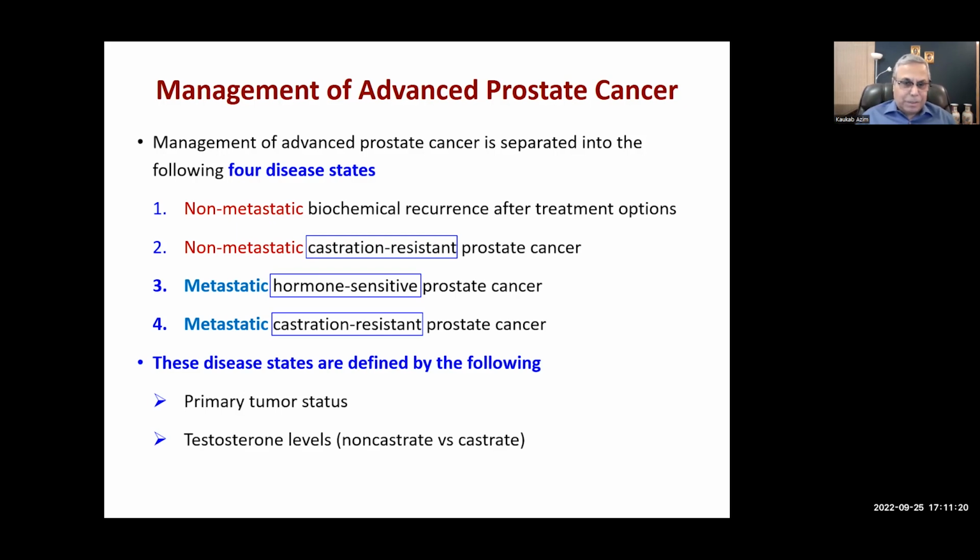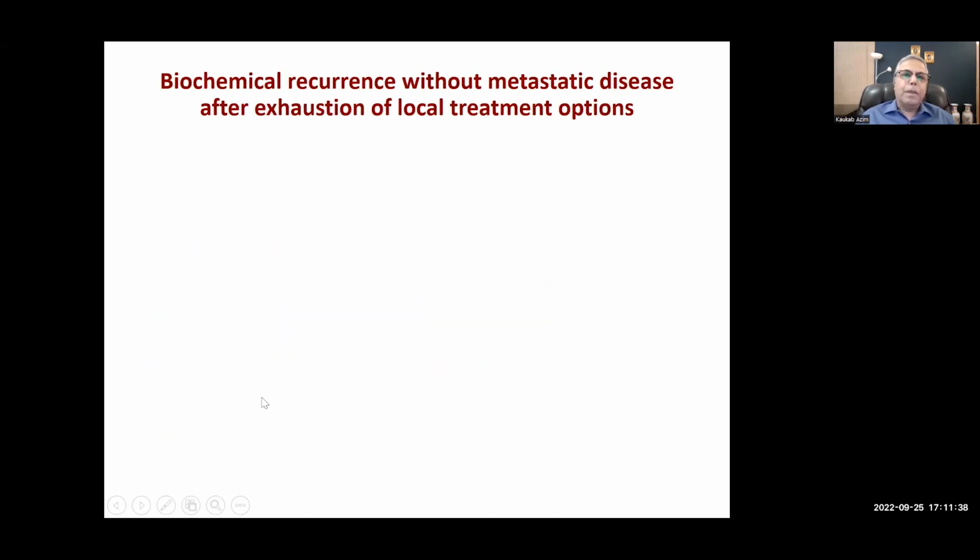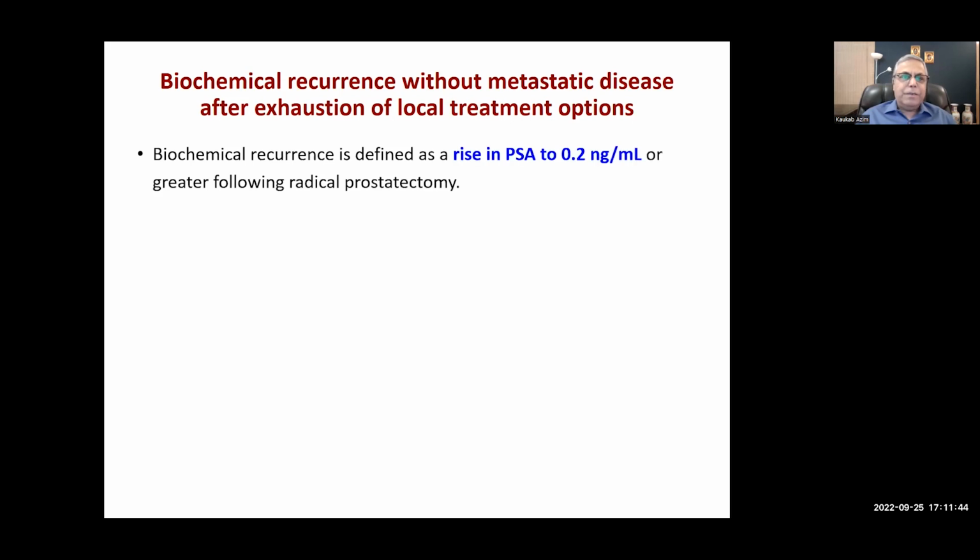We can measure the testosterone levels as well. And we can check what therapy was given previously and what was the response to the previous therapy. All right. So we have four types of advanced prostate cancers, and for each type we look for these things as well. Now, biochemical recurrence without metastatic disease after we give a treatment.